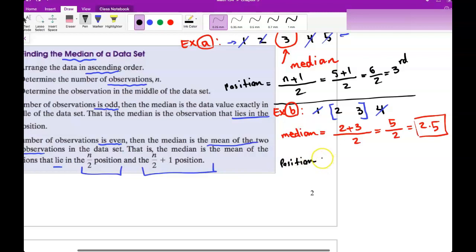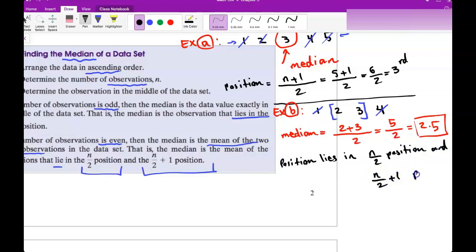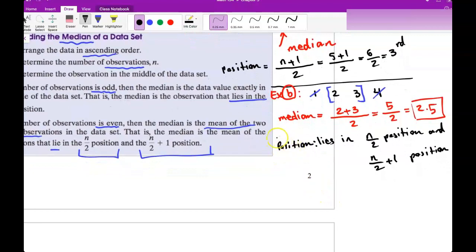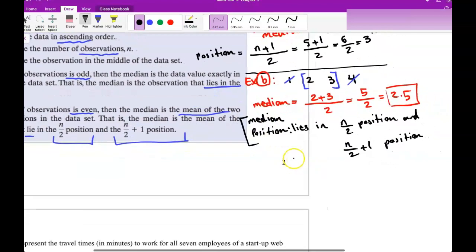So this position lies in n divided by 2 and n divided by 2 plus 1. So this is where our median is located.